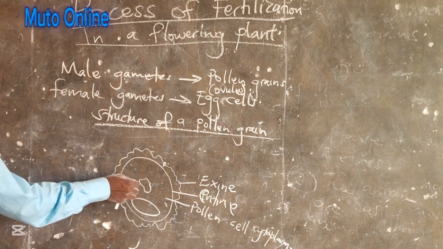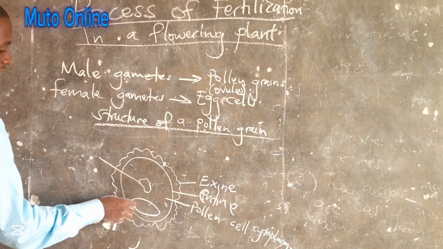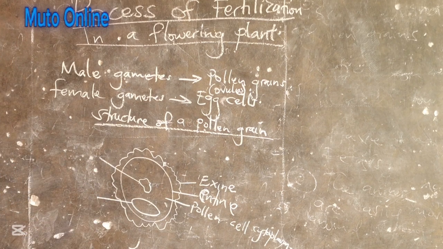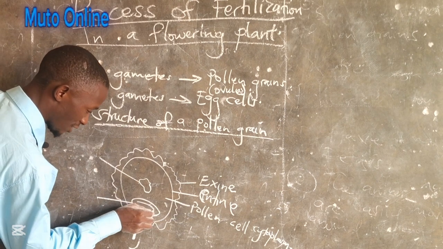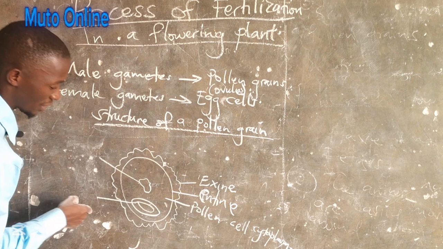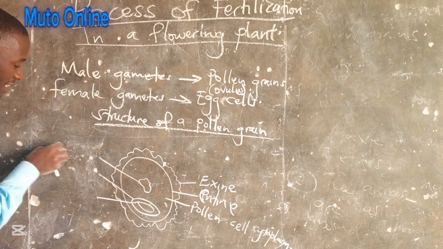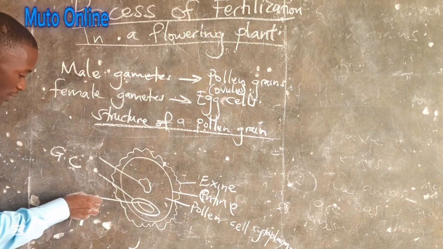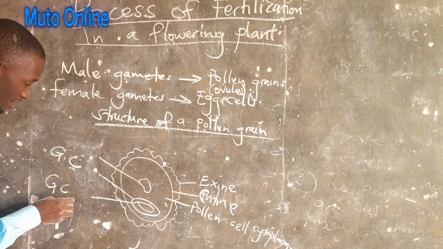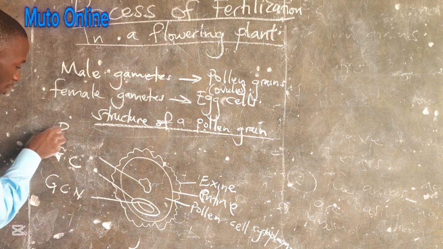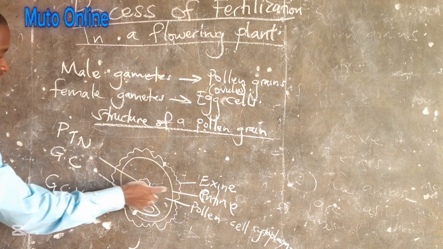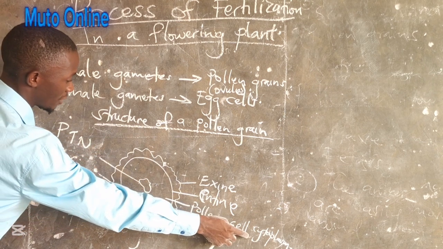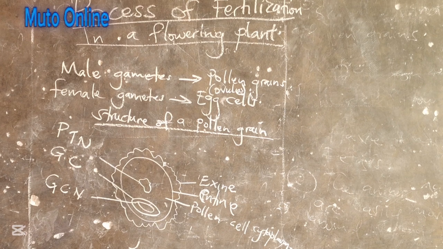Inside the generative cell there is a nucleus, the generative cell nucleus. So this is the pollen tube nucleus, because this is the pollen tube cytoplasm. If we can remember very well, for those who covered this information.